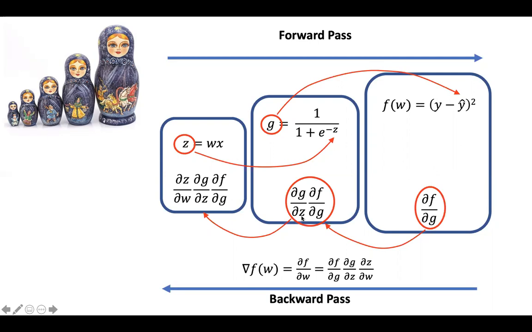Then you compute the gradient for the smaller doll, the inside function, and multiply it by the partial derivative that we calculated before. And then you move once again and calculate the local gradient for another function and multiply everything together.